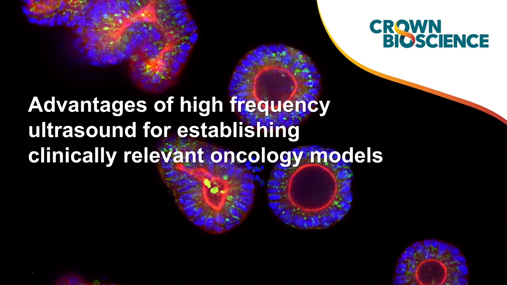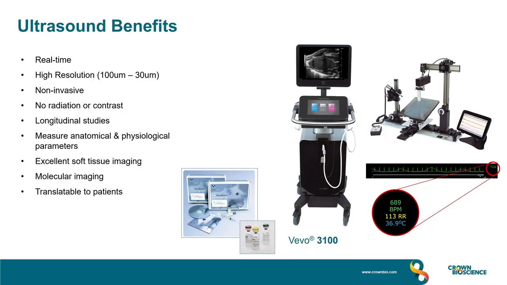In the last few minutes, I'm going to quickly go through some data we have collected using the ultrasound. Last year, Crown Bioscience acquired a high-frequency ultrasound, the Vivo 3100 from Fujifilm.